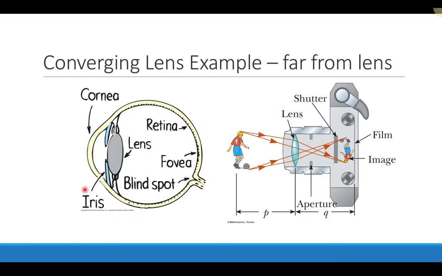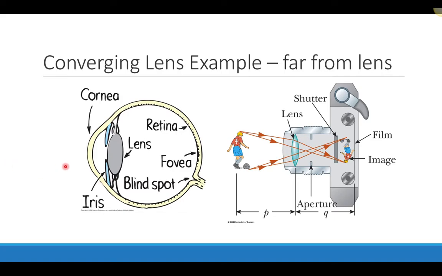An example of a converging lens that we are probably familiar with that uses an object that's pretty far away is the human eye and also cameras. The human eye has a converging lens in it. That converging lens is actually flexible, and you have muscles on both sides of the eye that can adjust the curvature of that lens, which will change the focal length and allow you to focus on objects that are very far away and also objects that are a little bit closer.